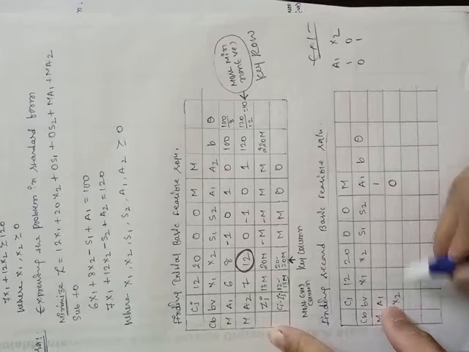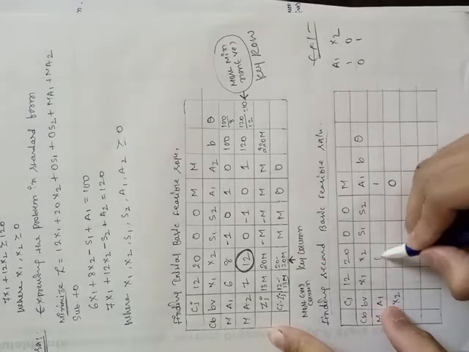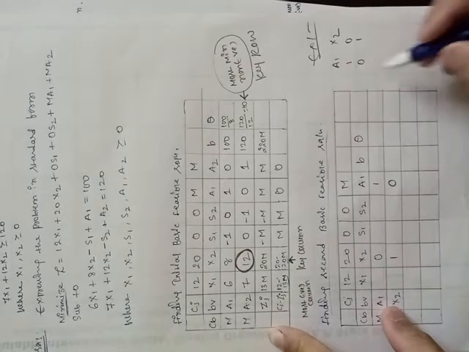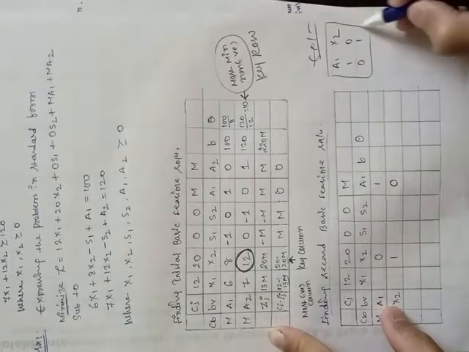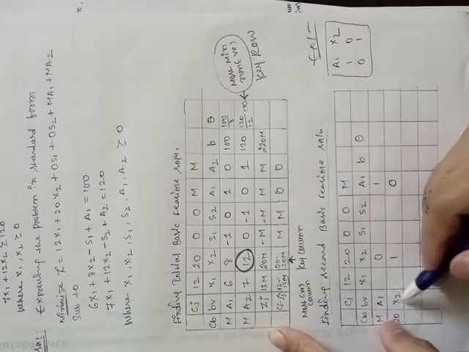In the x2 column, it is 0 1. If there are three basic variables in the column, suppose a1, a2, x2, then you need to take 1 0 0, 0 1 0 and 0 0 1. This is an identity matrix.